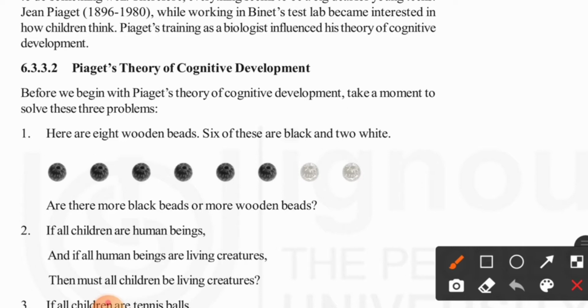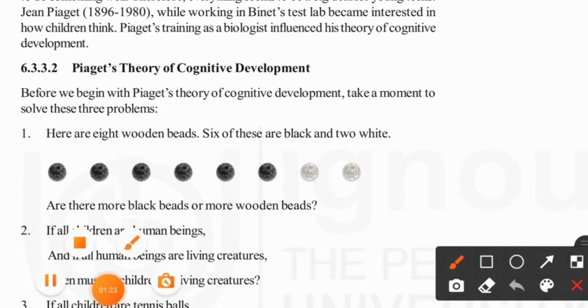So these 4 stages of Piaget's theory are what we are going to discuss in today's video. I hope this information will prove very useful for you. So let's start.